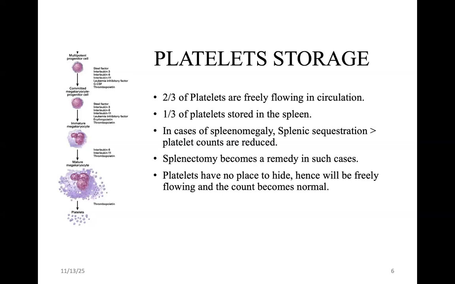So yes, when the spleen becomes very enlarged, which we call splenomegaly, more platelets are drawn and stored in the spleen. There are cases where the only remedy is to take the spleen out, a procedure we call splenectomy. When you take the spleen out, the platelets released from the bone marrow become freely flowing in circulation, and then the platelet count becomes normal.